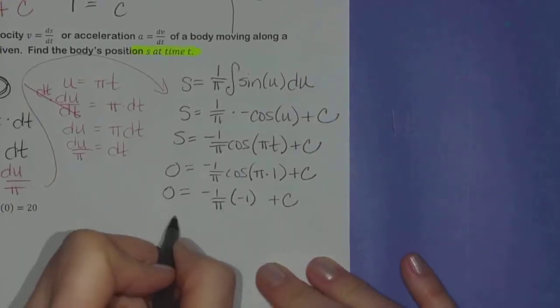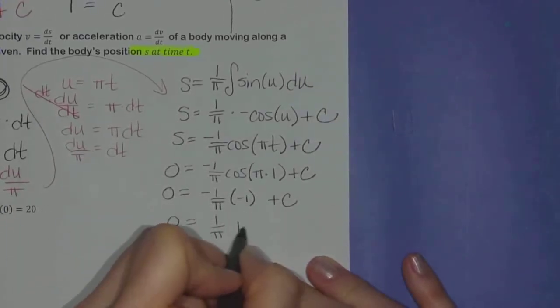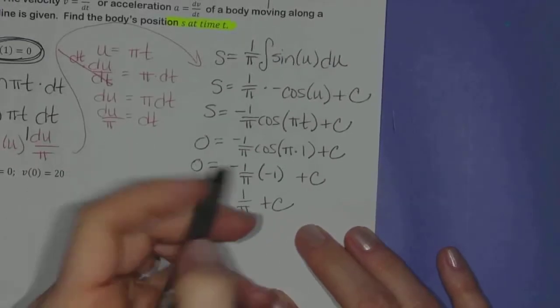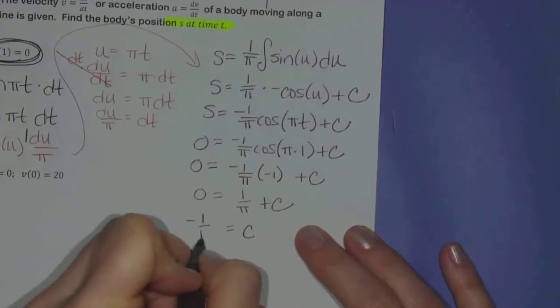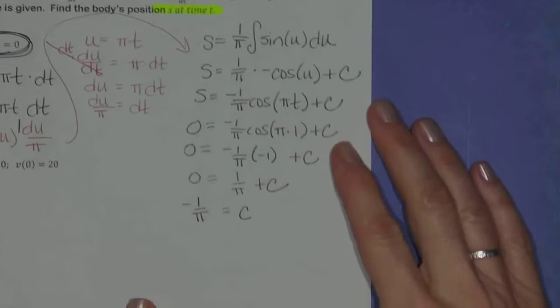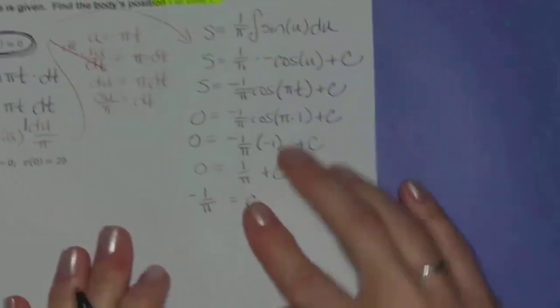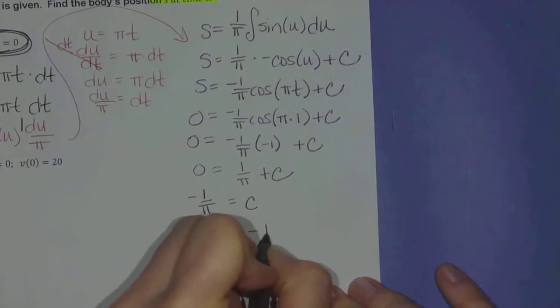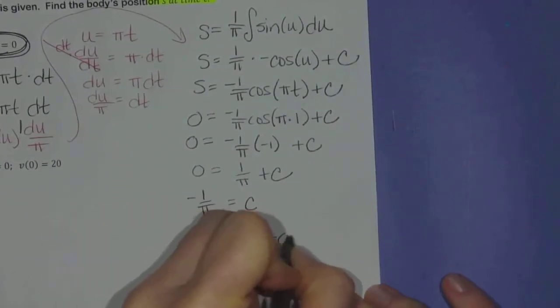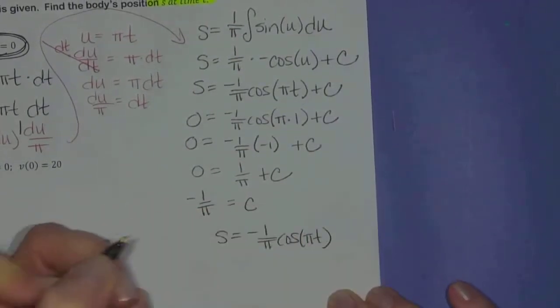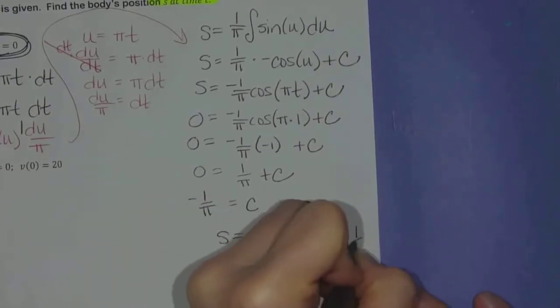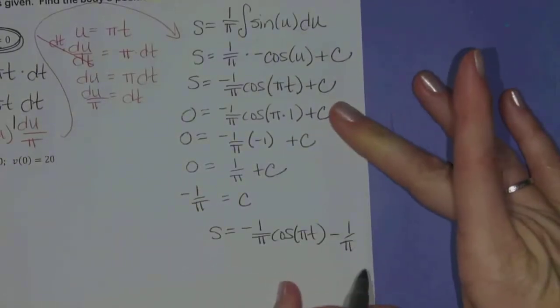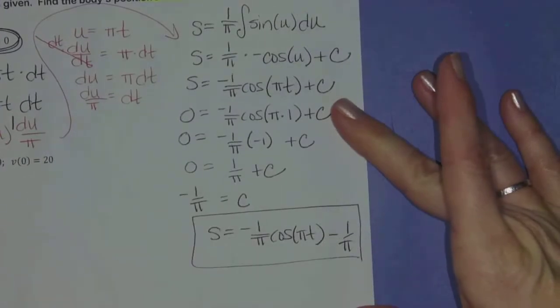So this is going to give me positive 1 over pi, but when I subtract it to the other side, negative 1 over pi. So my final answer to this problem is s equals negative 1 over pi cosine of pi t minus 1 over pi. Final answer.